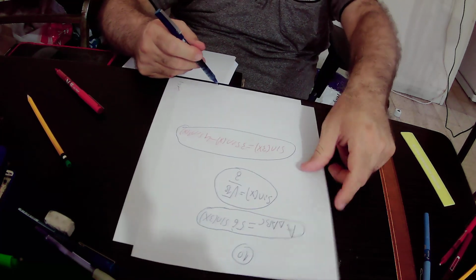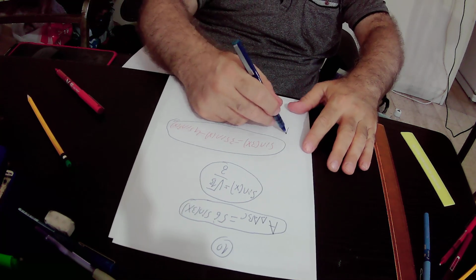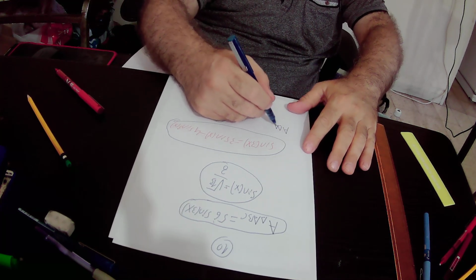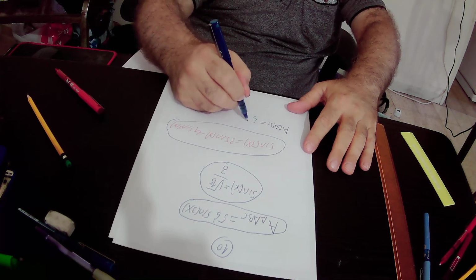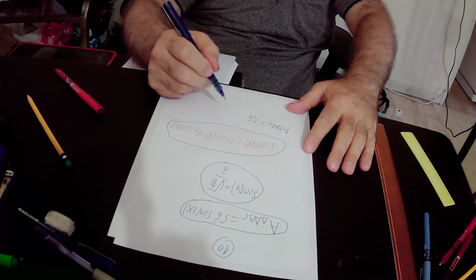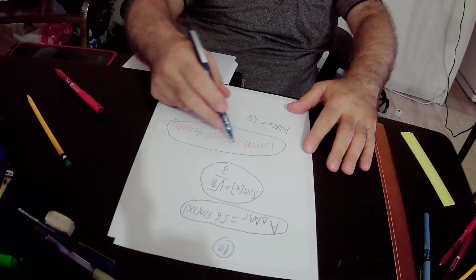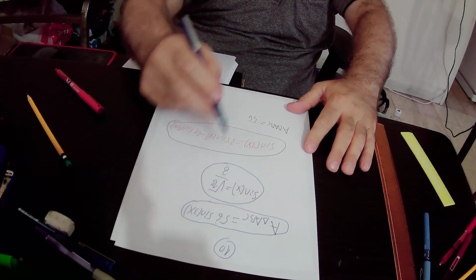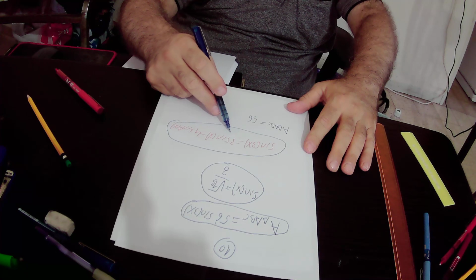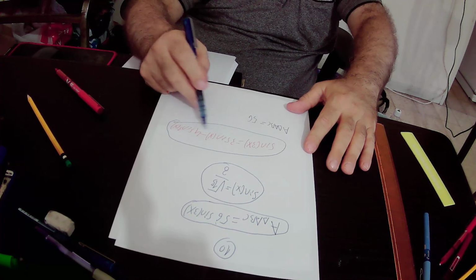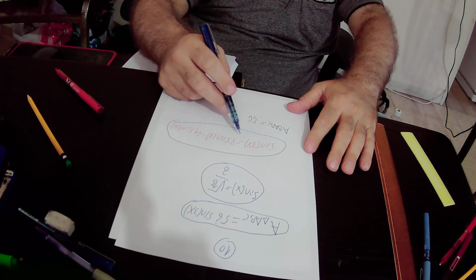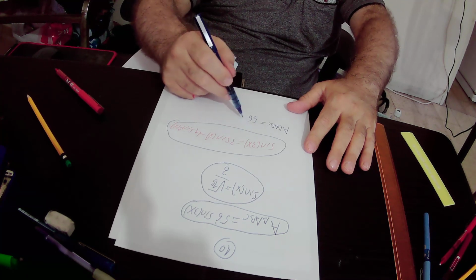So the area of triangle ABC equals 56 times, instead of sine 3x, we can write this expression that equals sine 3x.